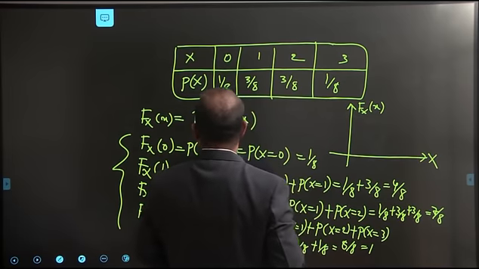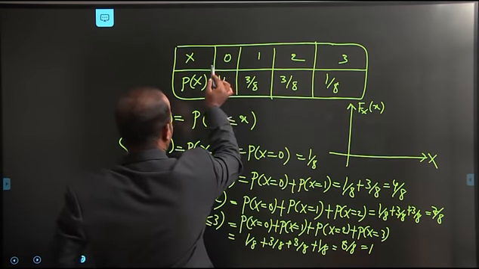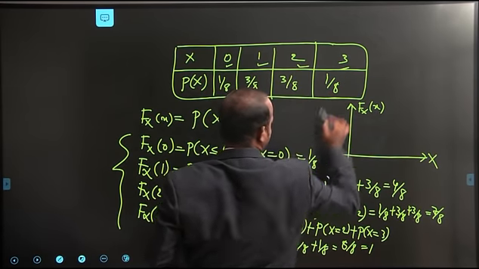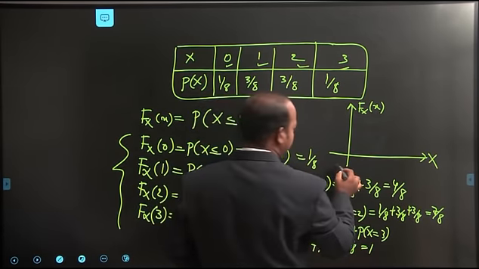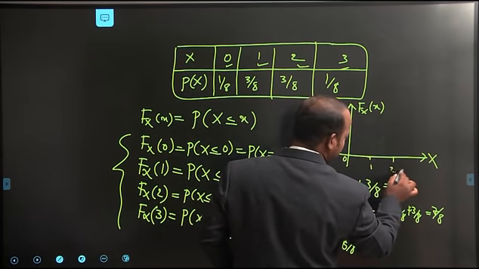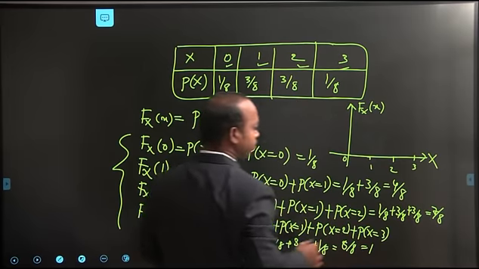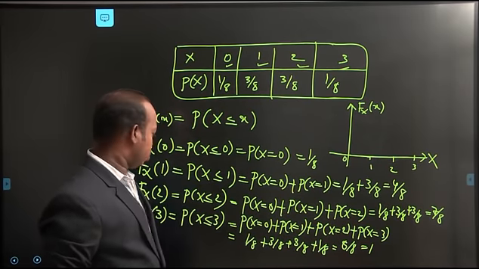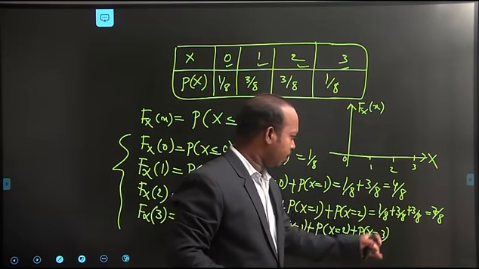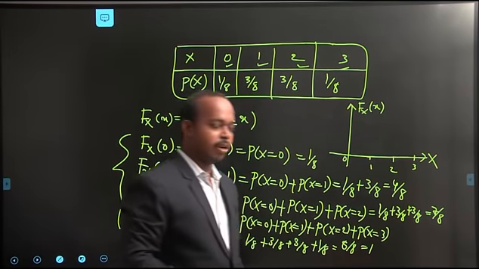The x values available in the table are 0, 1, 2, 3. I am representing 0, 1, 2 and 3 on the horizontal axis. And the quantities we found are 1 by 8, 4 by 8, 7 by 8 and 8 by 8.